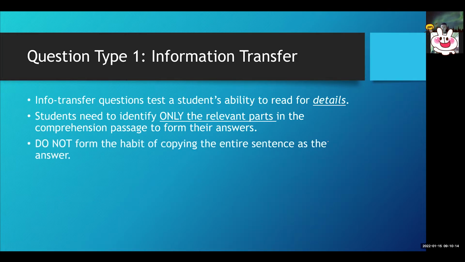So do not form the habit of copying the entire sentence as the answer. Now, primary 3, primary 4, because you're learning to work with open-ended questions, students cultivate the habit that they only go and look for the answer. Oh, this is the answer.